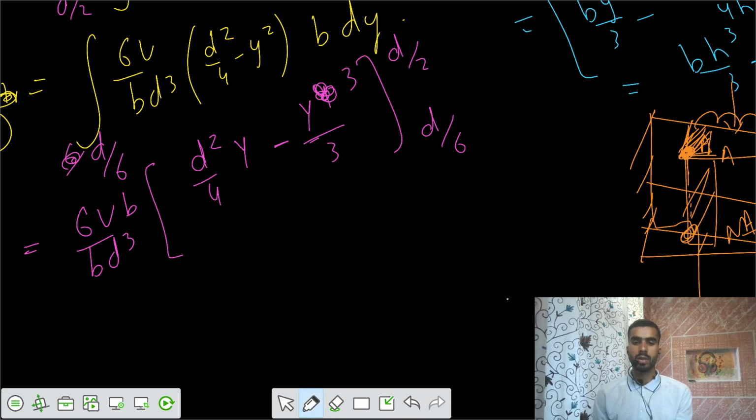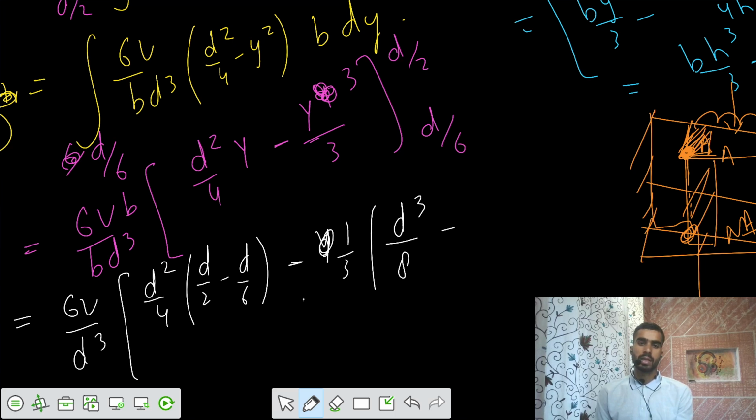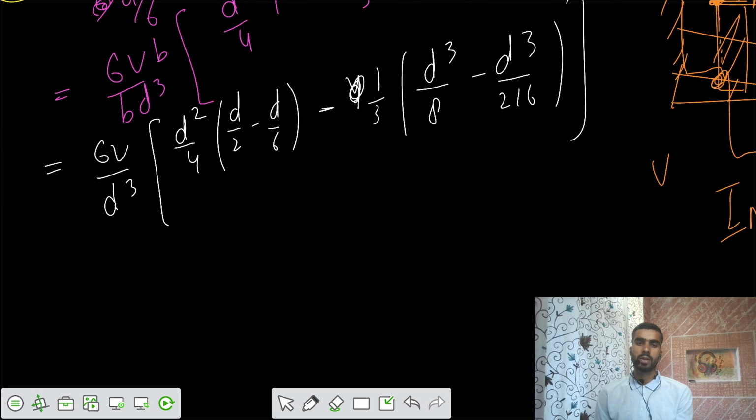Solving further, we have 6V by d cube, then d cube times d square by 4 with y going from d by 2 to d by 6. Similarly, minus 1 by 3 of (d cube by 8 minus d cube by 216). So we got this part.